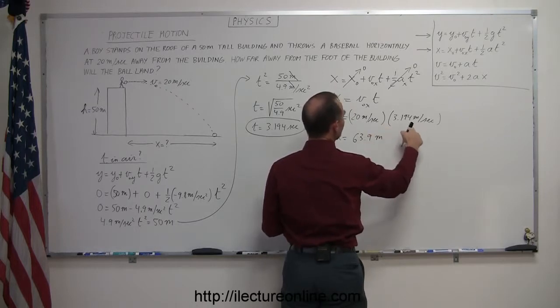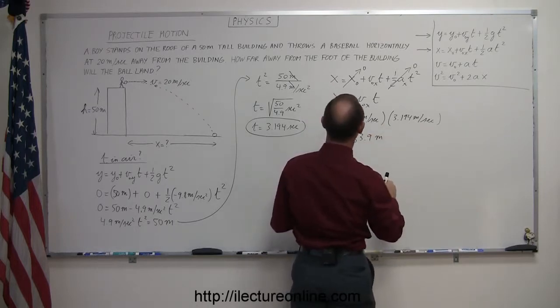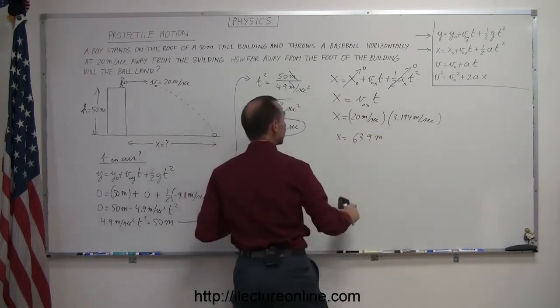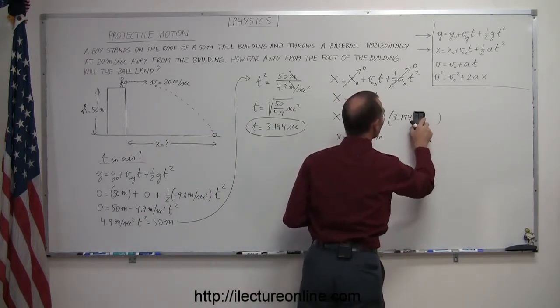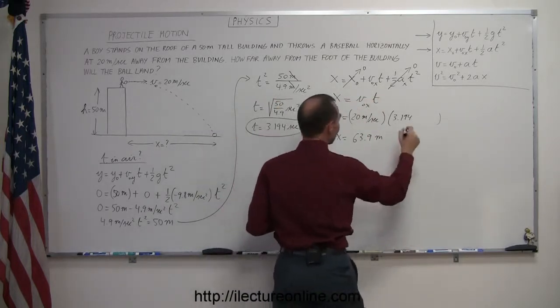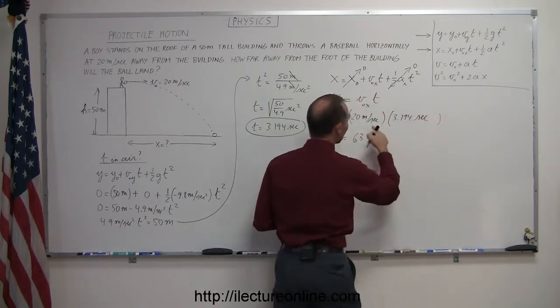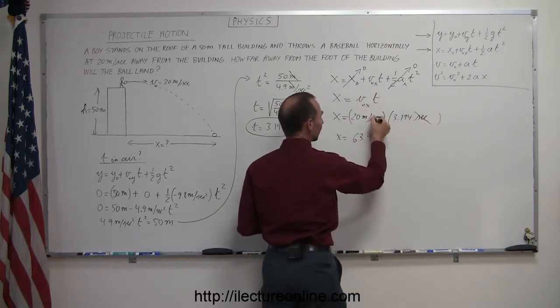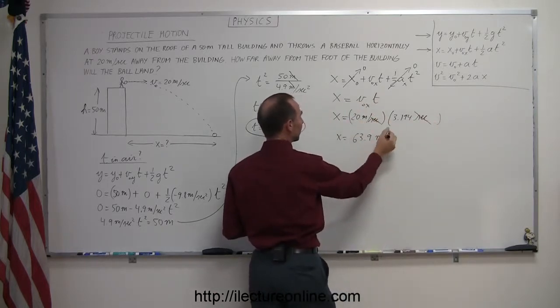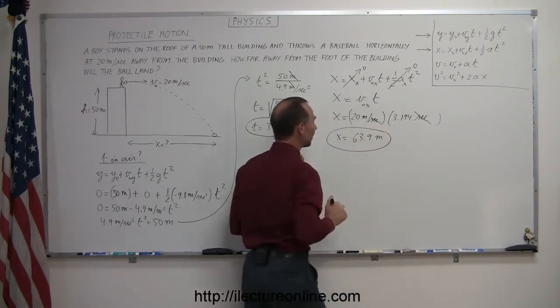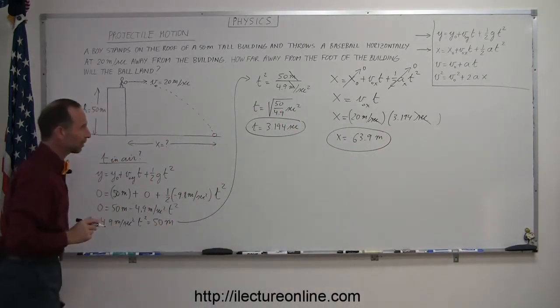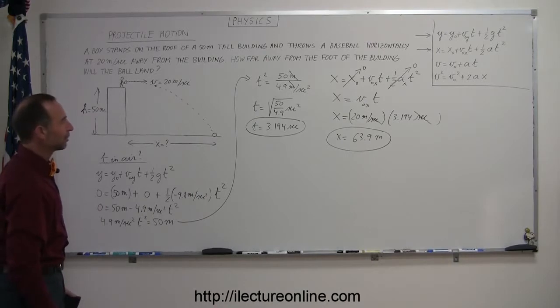Notice that I made a mistake here. This is time, not meters per second. This is seconds. Good thing I put in the units so I can check myself. But notice that the seconds here cancel out the 1 over seconds there. I'm left with meters. And there's my final answer. Distance covered by this projectile, 63.9 meters.